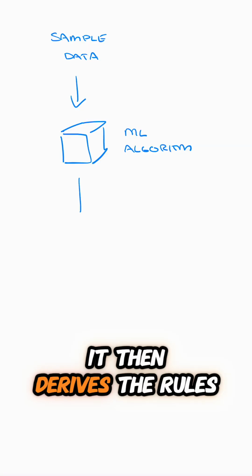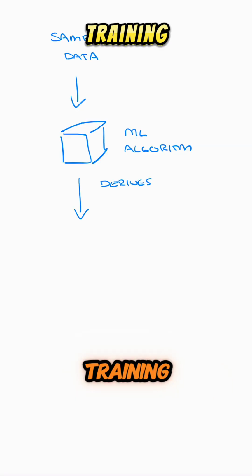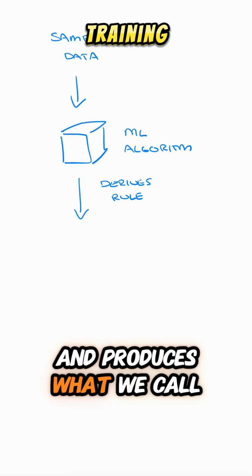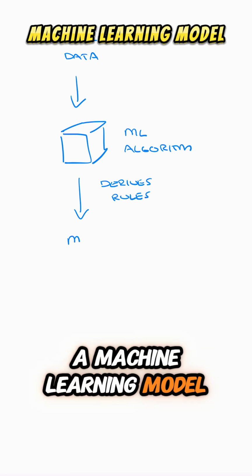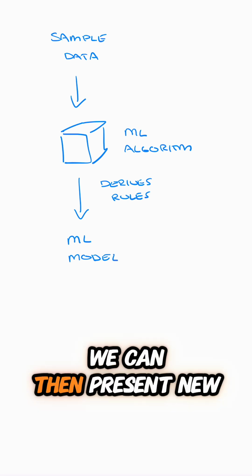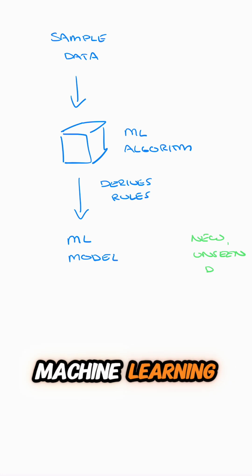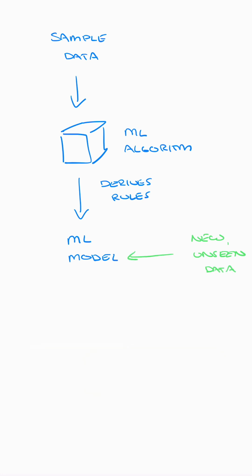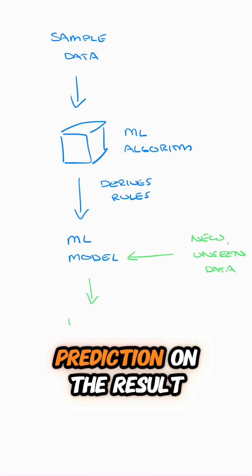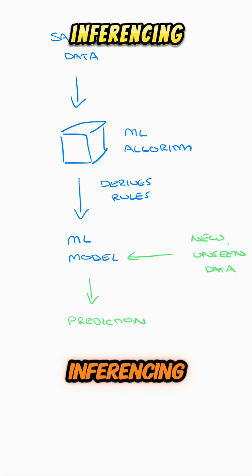It then derives the rules based on those identified patterns, a process known as training, and produces what we call a machine learning model. We can then present new unseen data to this machine learning model, and it will provide a prediction on the result, a process known as inferencing.